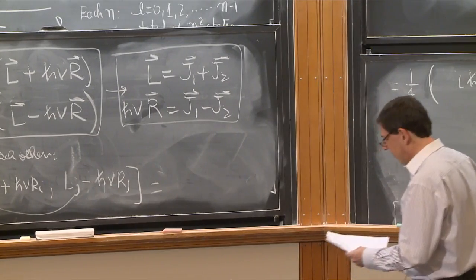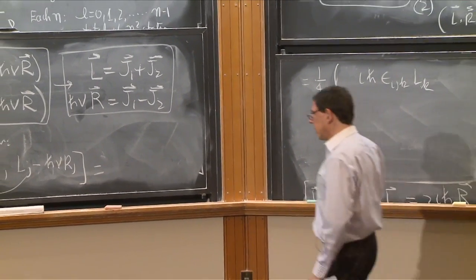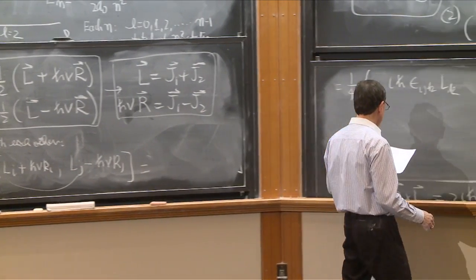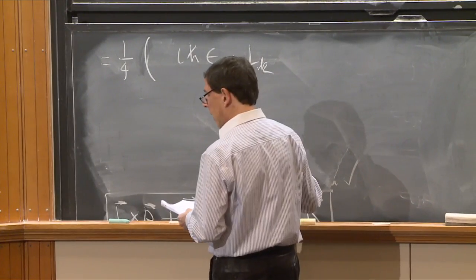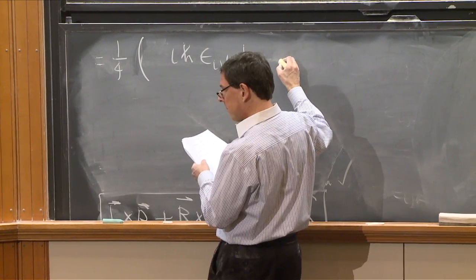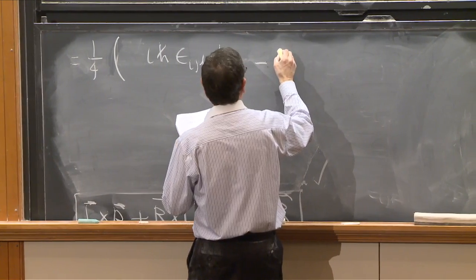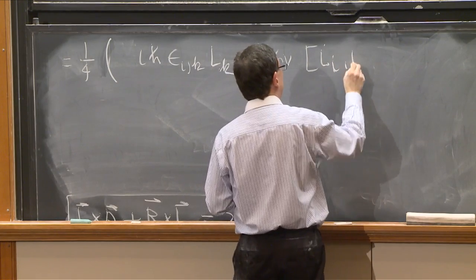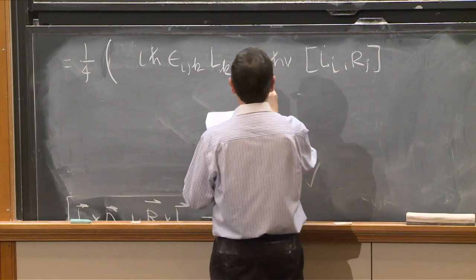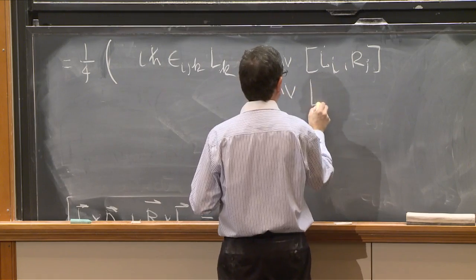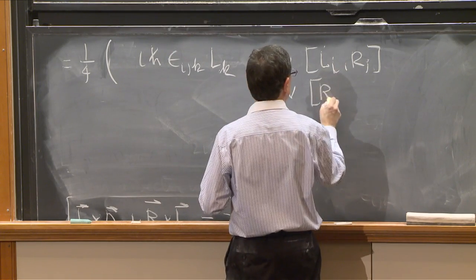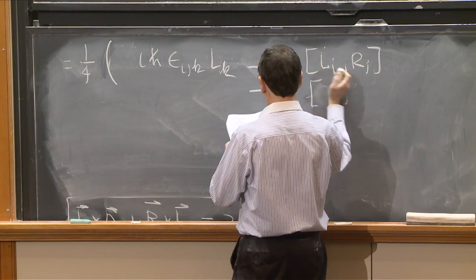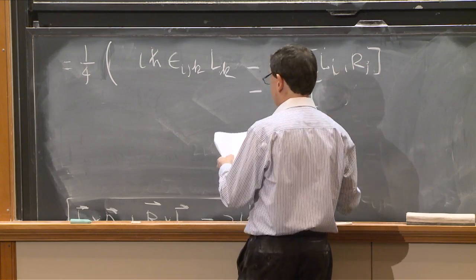And then you have the commutator of the cross terms. So what do they look like? They look like minus H nu Li with Rj and minus H nu Ri with... no. Yeah.